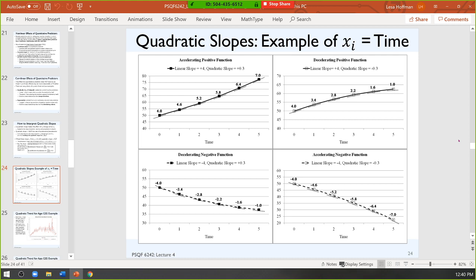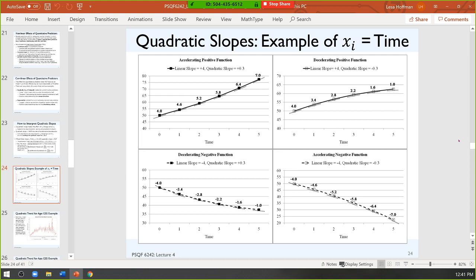In a longitudinal context, people may grow at different rates. If I have time in the model as a predictor, that's what's known as the linear effect. The quantitative predictors that you've looked at in homework 3, those were linear effects. That's sort of the default. If you add the same predictor squared, so multiplied by itself, that's what's known as the quadratic effect.